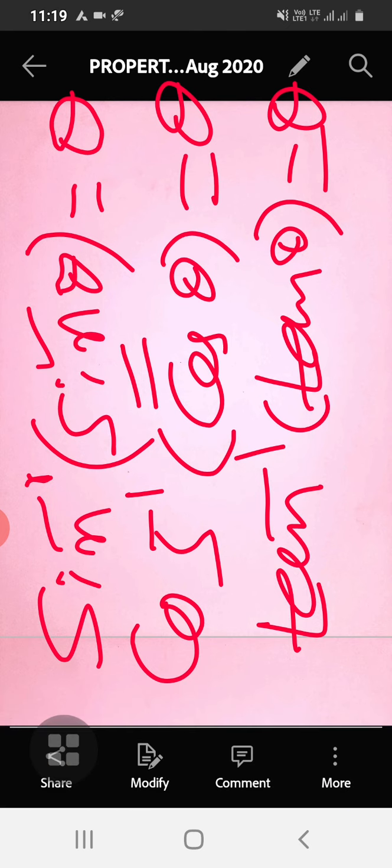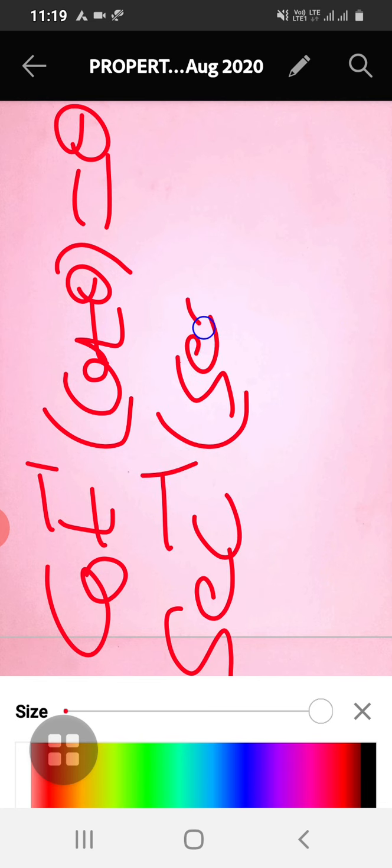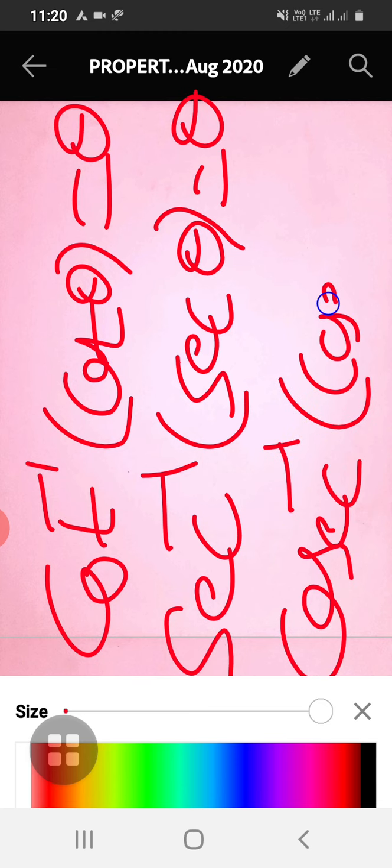Similarly we can extend this to the remaining: cot inverse of cot theta, secant inverse of secant theta is equal to theta. And cosecant inverse of cosecant theta is also theta.